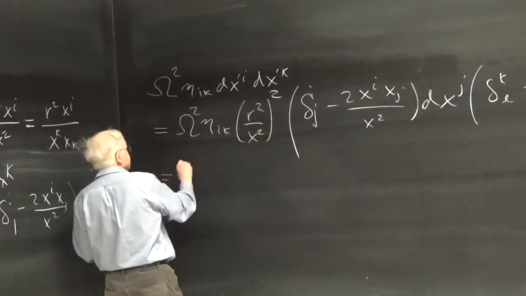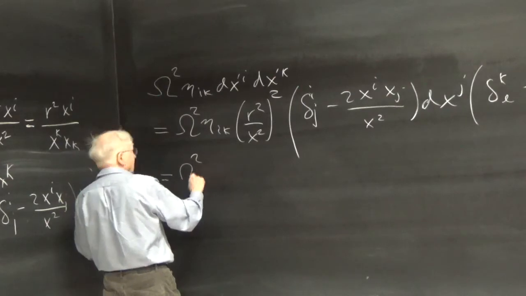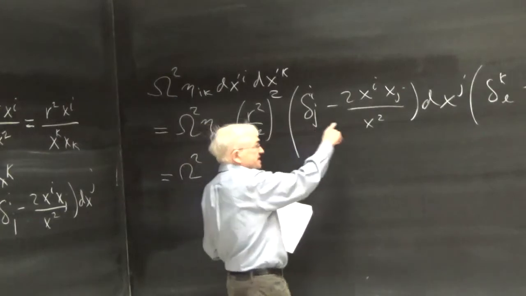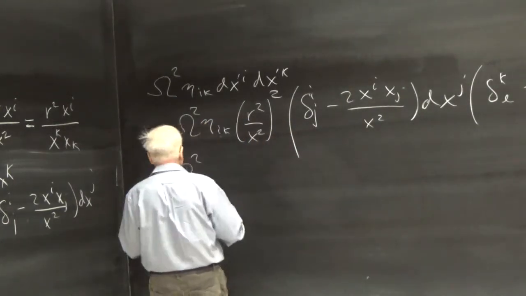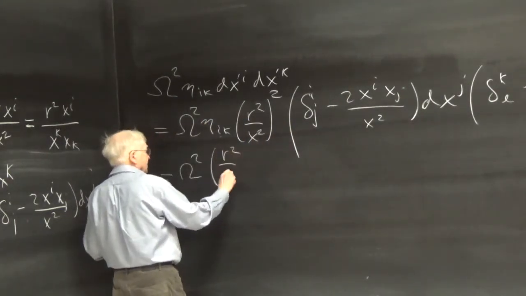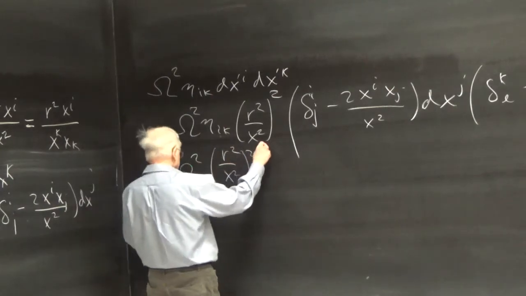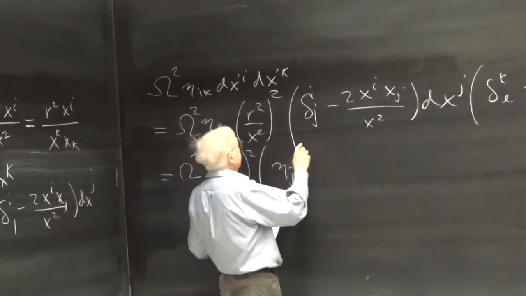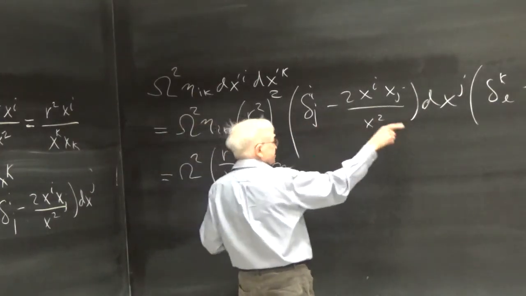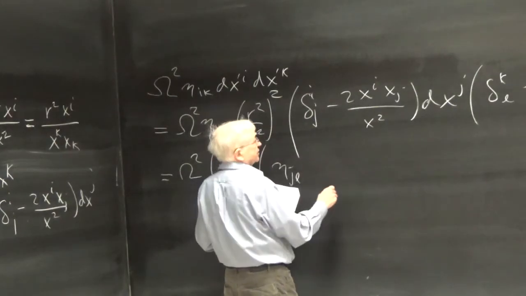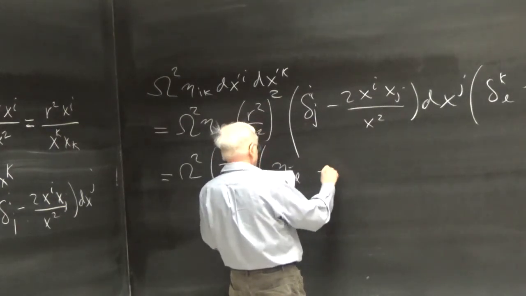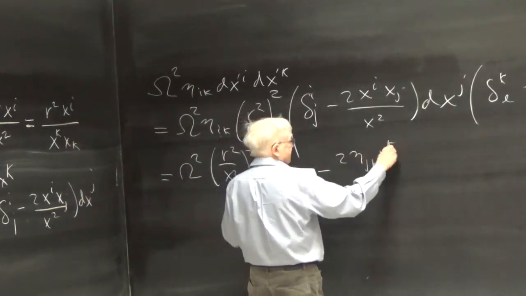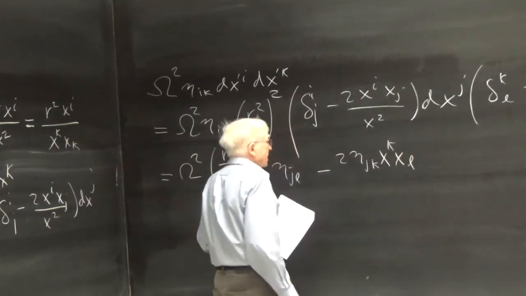And so this is omega squared. Now I'm going to use the eta_ik and the deltas in there. And so this is r squared over x squared, squared. And now what we've got is eta_jl from this hitting the two deltas. And then we have minus 2 eta_jk x_k x_l.